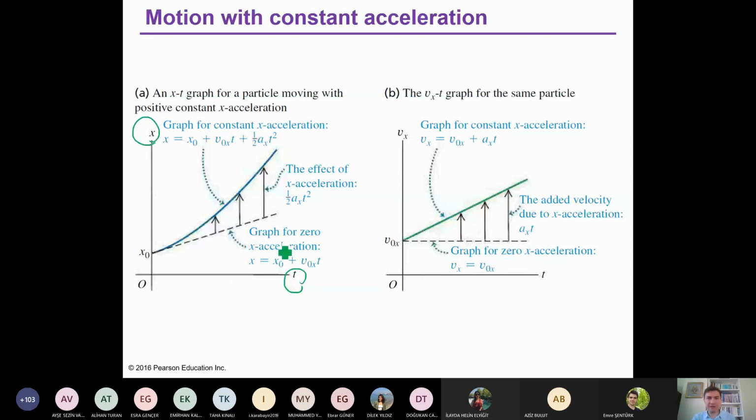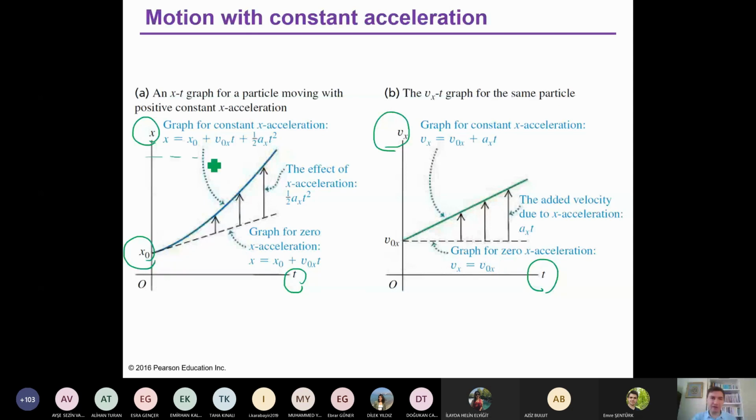And here we have the vx and time graph, okay, for the constant acceleration. So for the constant acceleration, this is the 0 time, this is the time t, let's say, and this is the 0 position, x0 when the time is 0, and let's say this is the final position, okay?